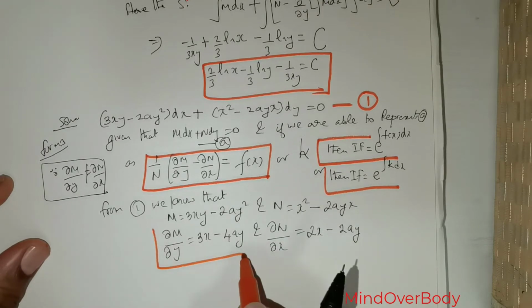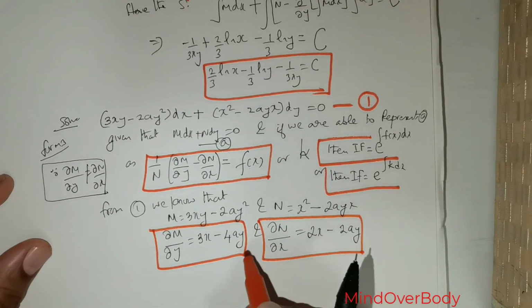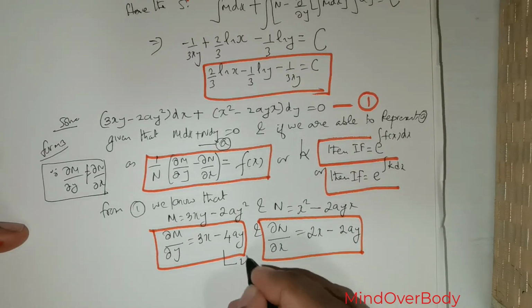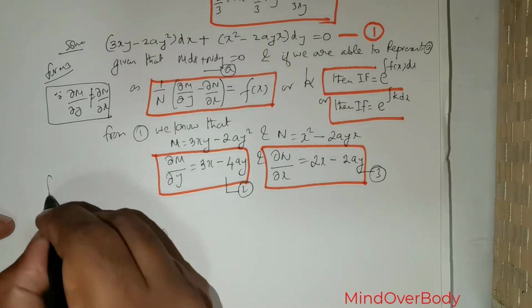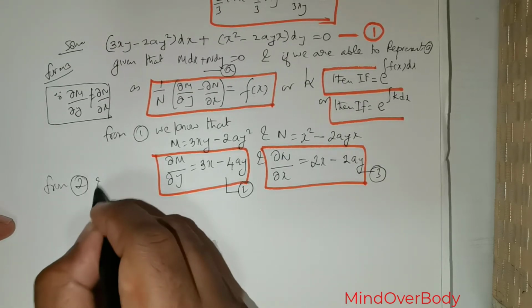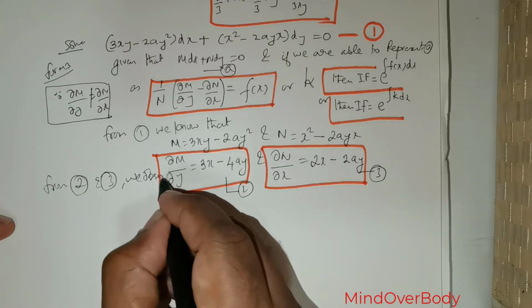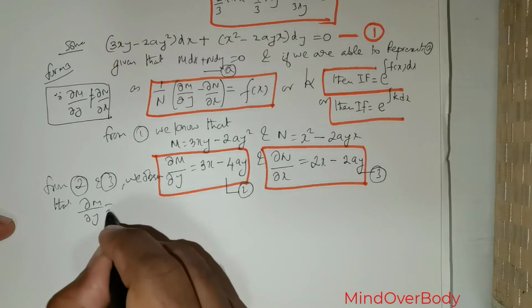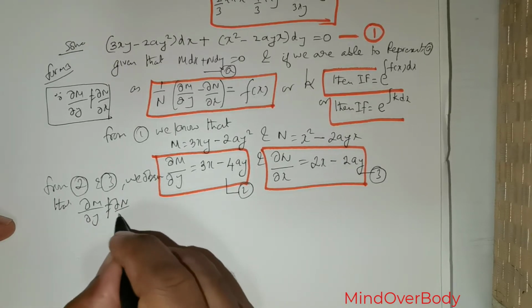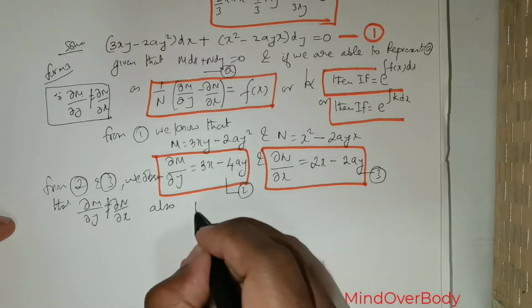Now clearly, if you were to observe this, so I'm going to take this as 2 and 3. I can state that from 2 and 3 we observe that ∂M/∂y is not equal to ∂N/∂x.